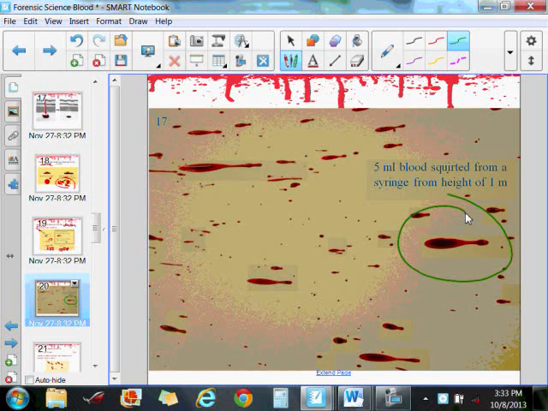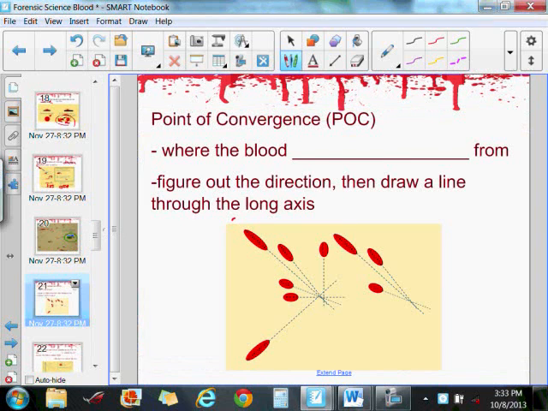So we have a big section of blood right here. That's probably the parent drop. And we have a little tiny blood spatter coming off of that. So one of those tiny droplets. So that meant that the blood was traveling in this direction to the right when it was ejected from the syringe.